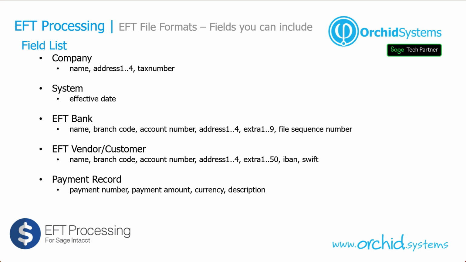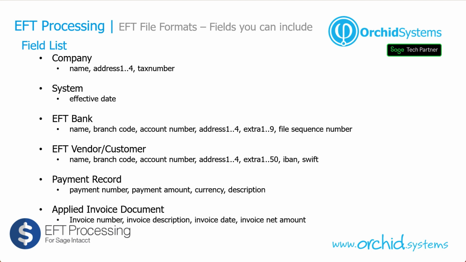From the payment itself, we can pick up the payment number, payment amount, the currency, description. And some of the fields on the applied invoice document are the invoice number, invoice description, invoice date, or the invoice net amount. You've also got the invoice due amount and the discount taken. So all of those can be included in the bank file if they're needed.